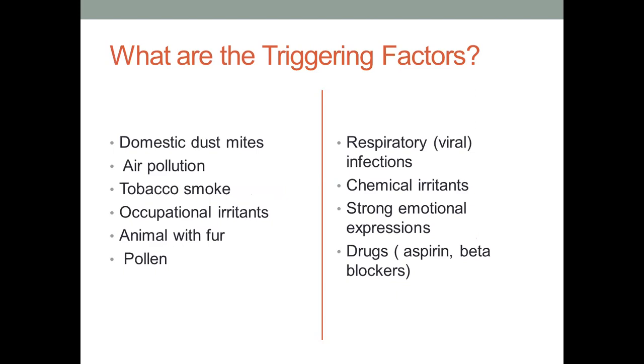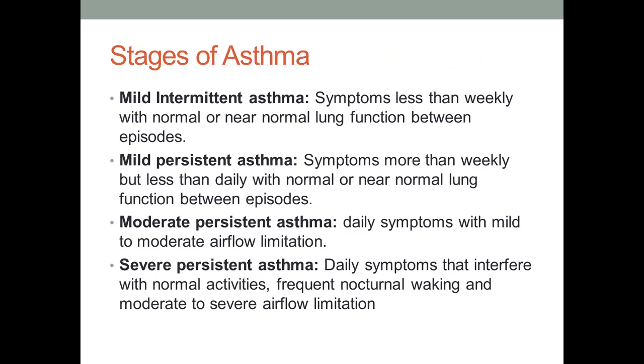These are the triggering factors of asthma, which are domestic dust mites, air pollution, tobacco smoke, occupational irritants, animals with fur, pollen, respiratory viral infections, chemical irritants, and strong emotional expressions like grief or excessive laughing can exacerbate asthma. And drugs like aspirin and beta blocker can lead to acute exacerbation of bronchial asthma.